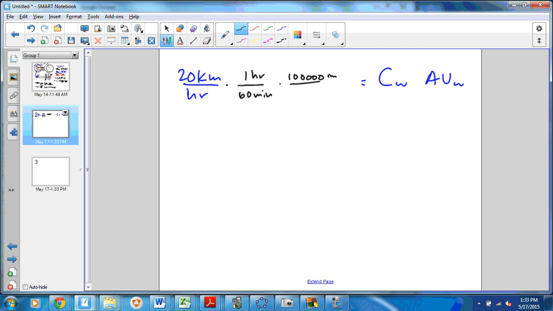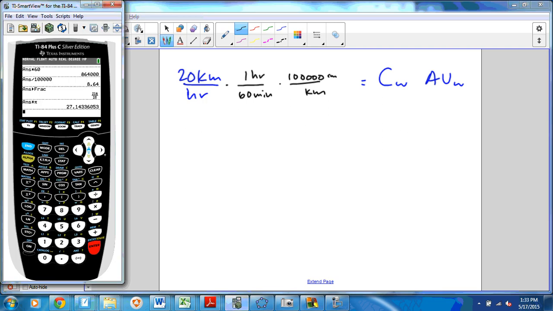So this is centimeters and kilometer. So I'll get that in my calculator. I'll go 20 times 100,000 divided by 60. And I get 33,300 and so on and so forth.